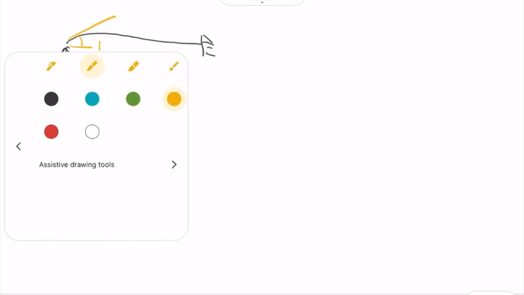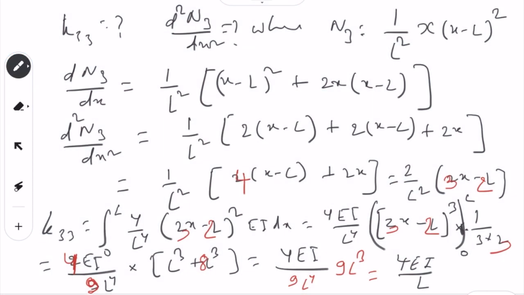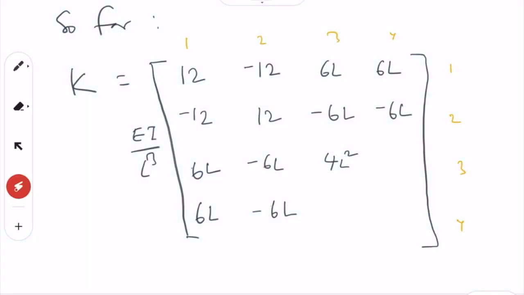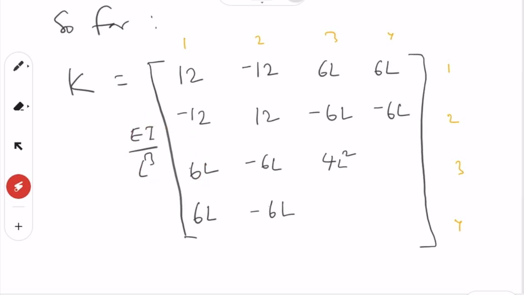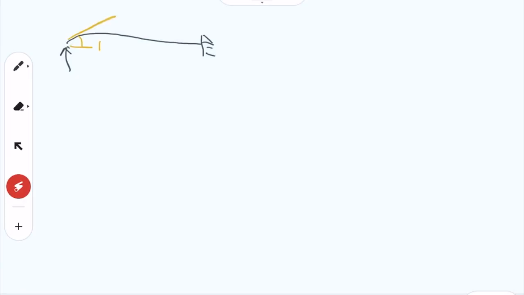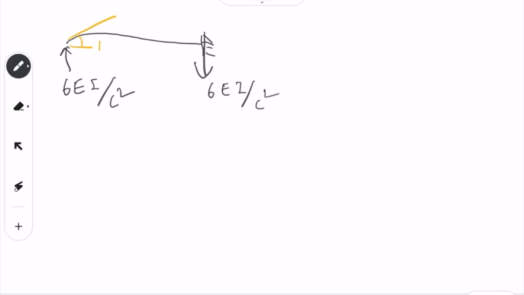So accordingly, in order to implement that, we have 6EI over L square as the force upward, and here it is downward, 6EI over L square. Then in order to do that we need this K33, sorry, this is K33.